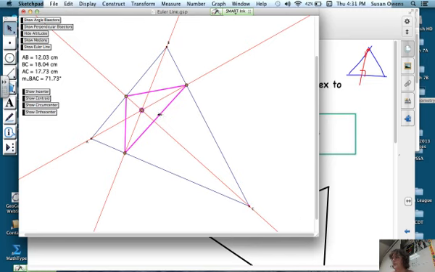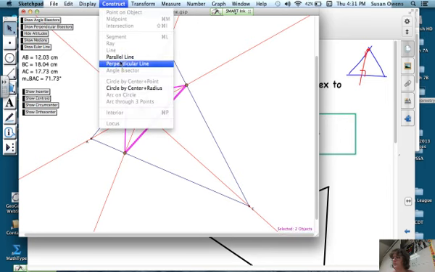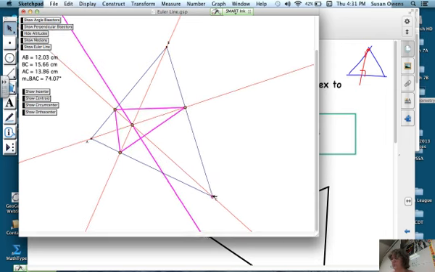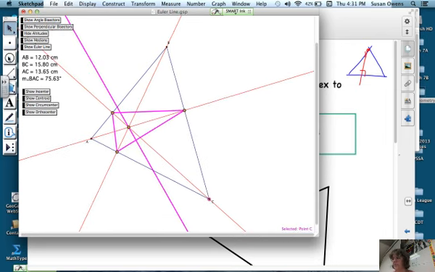In order to do an incenter, I have to do a perpendicular line. So let me construct a perpendicular line. There's my perpendicular line. And then I'm also going to move it again so that I can see it easily. There it is. And now I'm going to make a circle that goes from the orthocenter to one of the sides where that perpendicular line meets the sides of the orthogonal triangle.